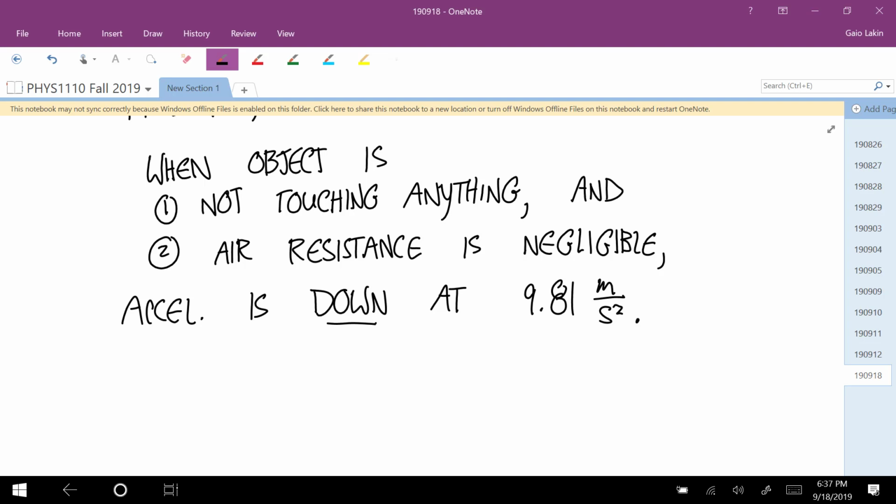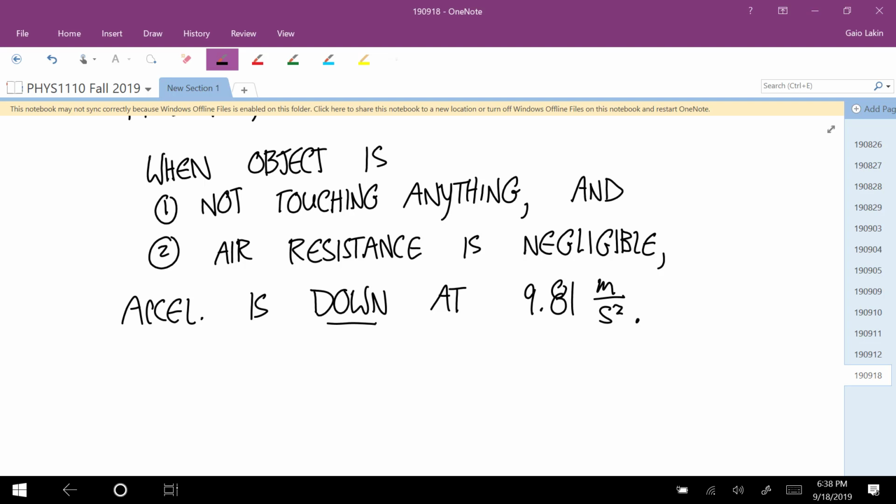Slowing down, so what's the direction of the acceleration? Down. It has to be for it to slow down. Then it slows down until it gets to its highest point, and then it starts speeding up going down. On the way down, what's the direction of the velocity? Down. It's speeding up. That means acceleration is also down on that part, okay?